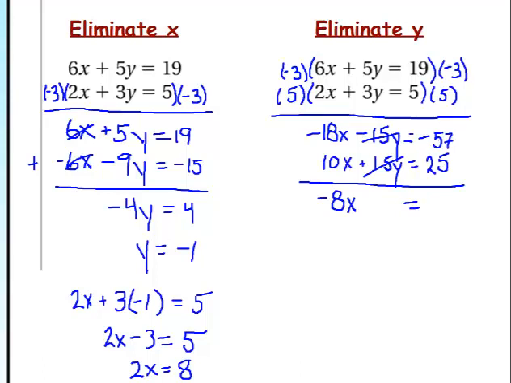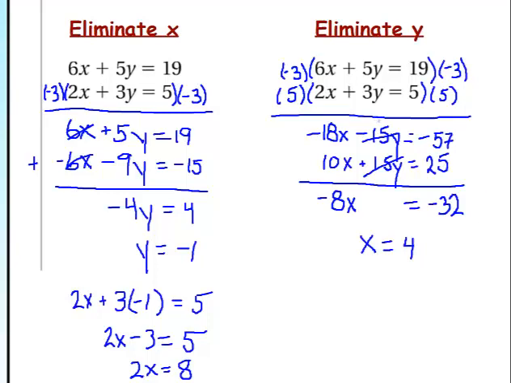And negative 57 plus 25, that gives me a negative 32. I now have reduced the rather complex system of equations to just one equation with one variable, x. I divide both sides by negative 8 to solve for x, and x turns out to be a positive 4.